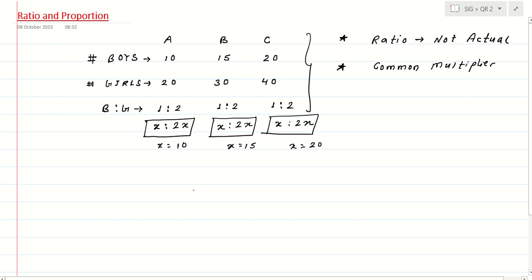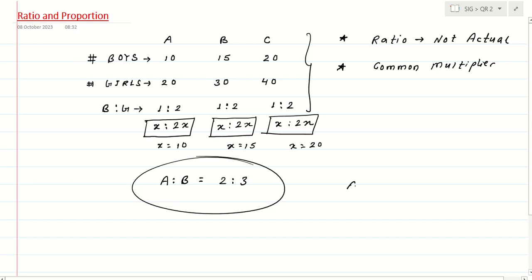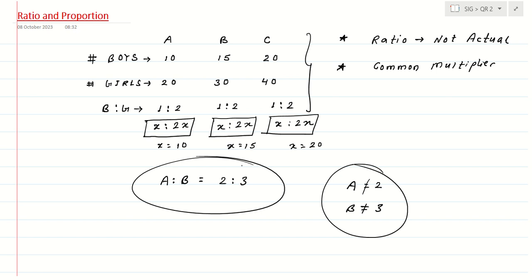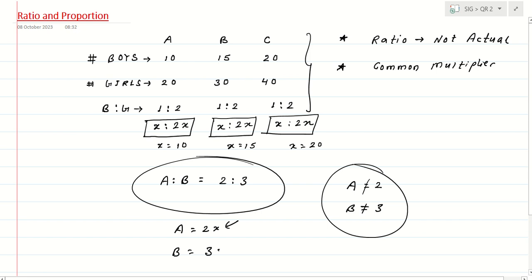Let's say the question gives A is to B as 2 is to 3. Remember, it does not mean A equals 2 and B equals 3. That is a wrong assumption. Many beginners think this way, A equals 2 and B equals 3, which is wrong. I can write A equals 2x, because I am just multiplying by the common multiplier, and B equals 3x.